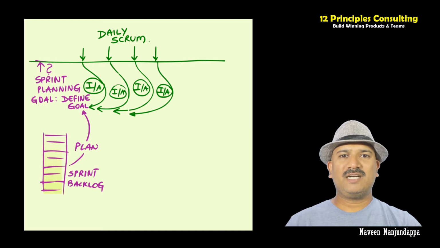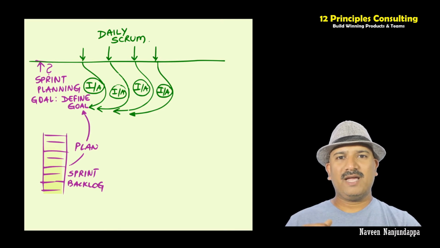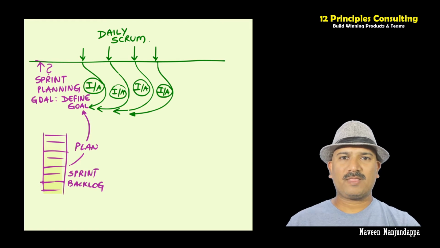Then the developers on a daily basis inspect and adapt towards reaching the goal, and every day they look for the incremental changes or the inspection and adaptations. They inspect the plan and adapt their plan towards reaching the goal which they have set during the sprint planning meeting.